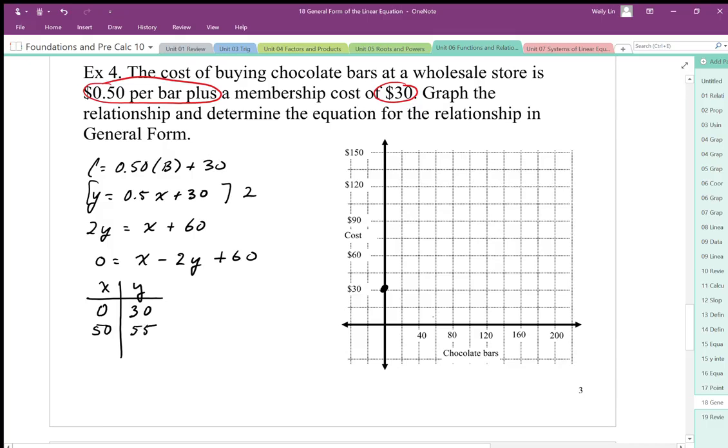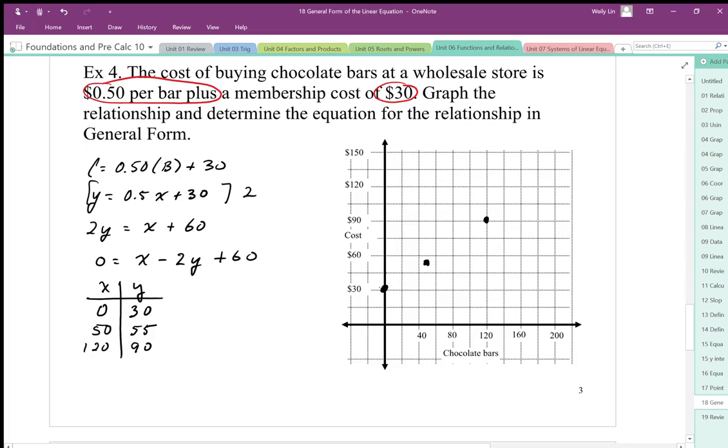Let's do maybe 100 bars, or let's use 120, since we have it on our grid. 120 bars is going to cost us $60 for the 50 cents per bar, plus the 30, which gives us $90. So we're going to have $90 here.